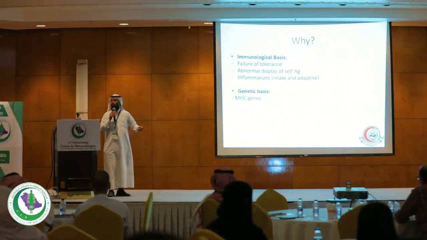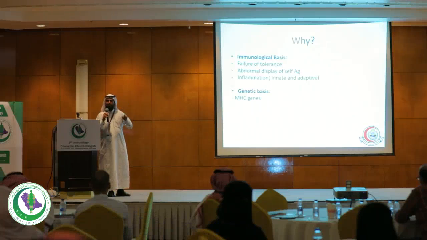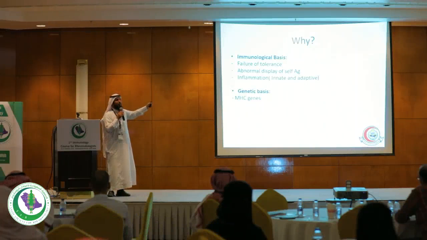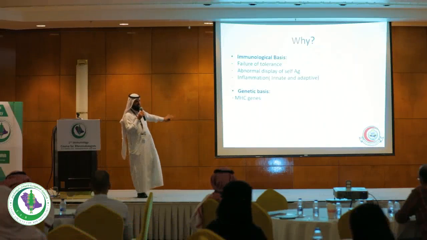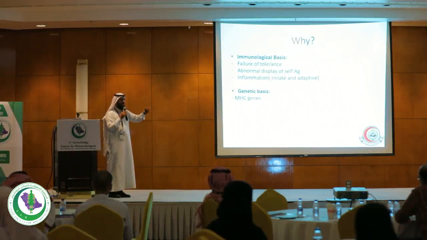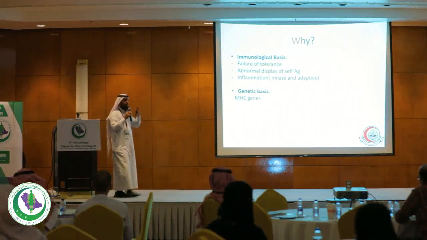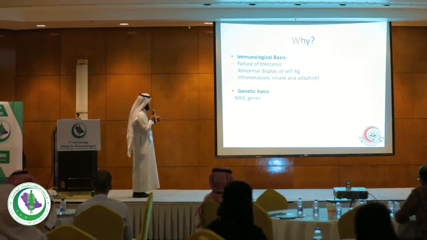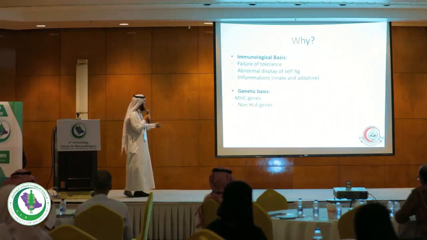So MHC class 1, like disease, any disease? Like MHC class 1 gene polymorphism leading to rheumatologic disorders, ankylosing spondylitis, or others, might be. So this is the MHC class 1 locus.